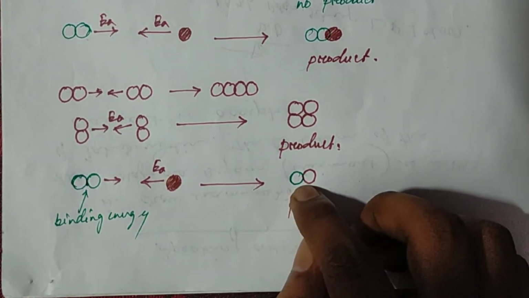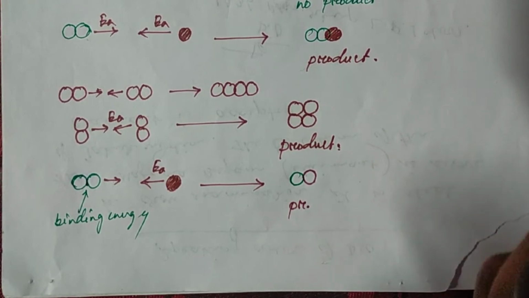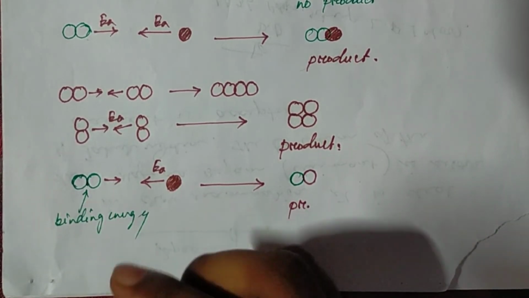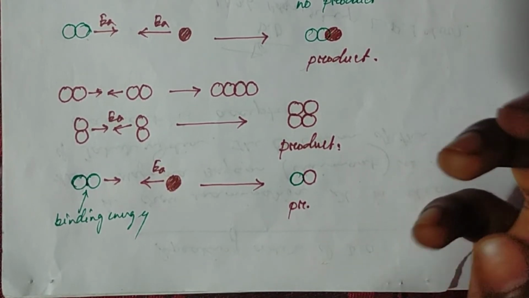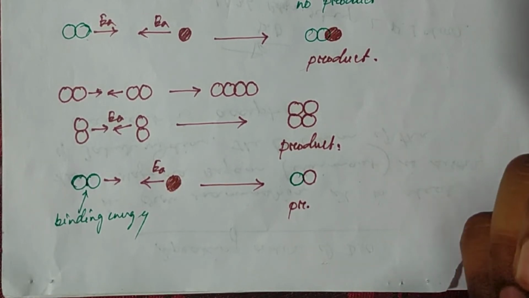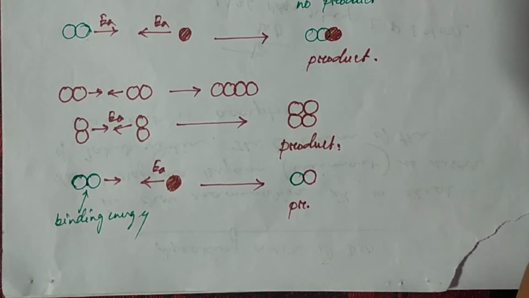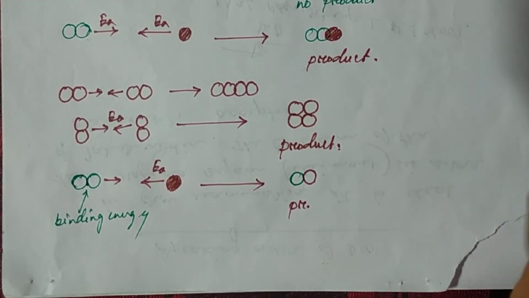That means there is a minimum energy required to break the parent molecule and form a product, a new molecule. So the sufficient energy is very important to give a product.